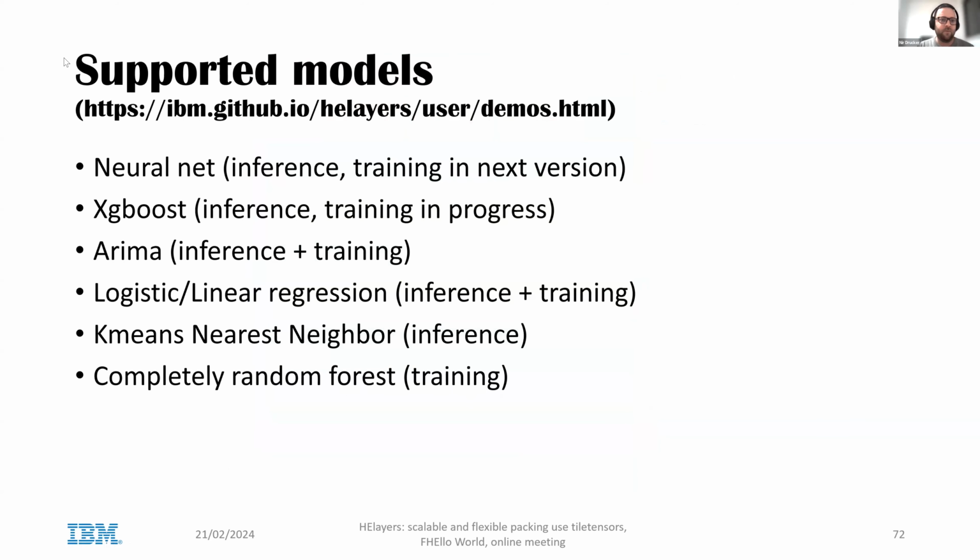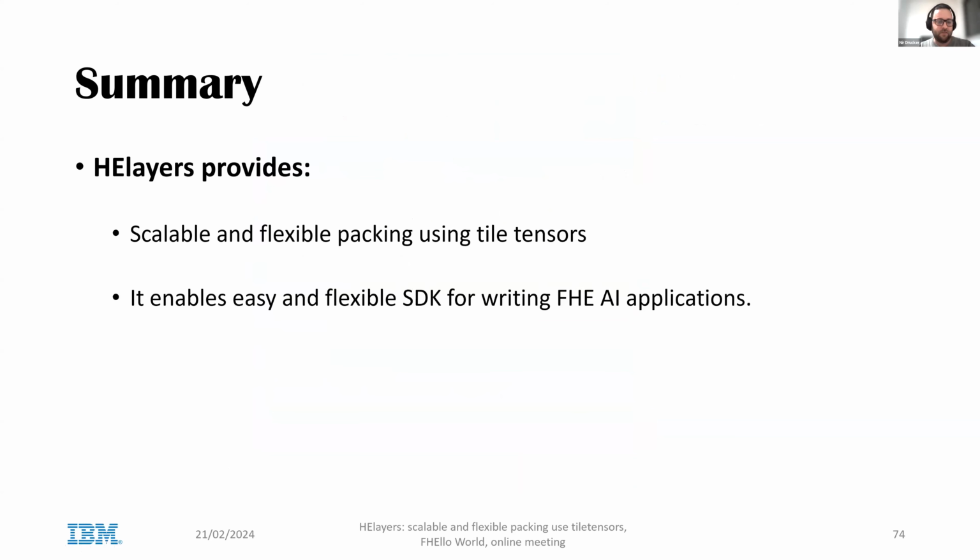On the website, you will be able to find different demos: neural network, XGBoost, ARIMA, logistic regression, etc. To summarize, HELayers provides scalable and flexible packing using tile tensors, and you can also experiment with the tile tensor directly.